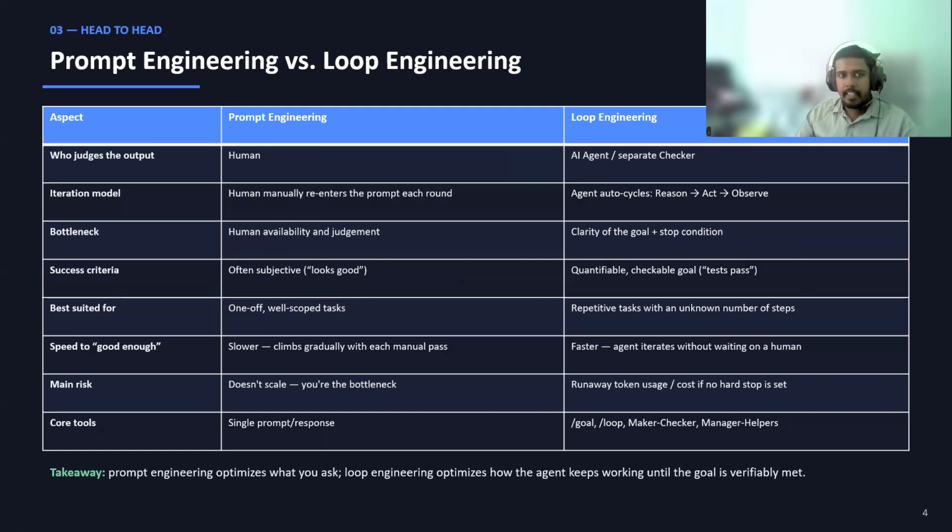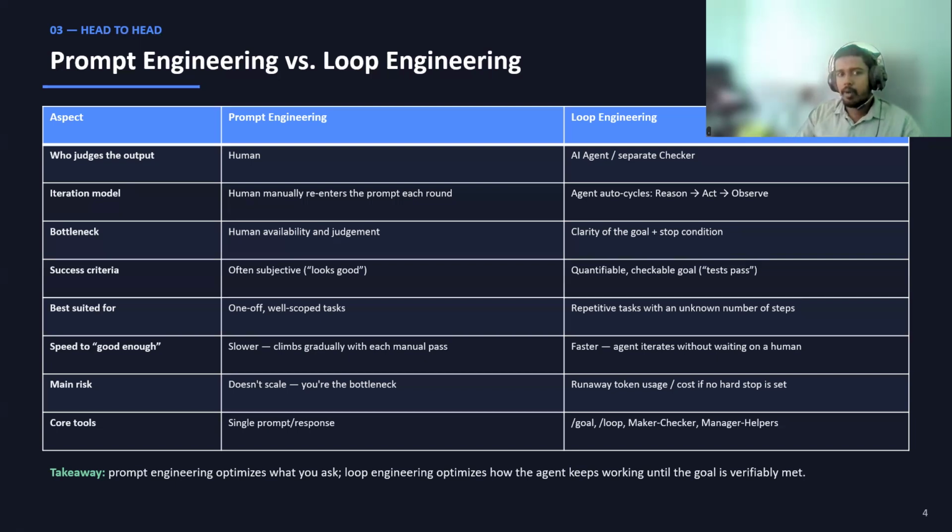To understand loop engineering, we have to compare it with prompt engineering, which is more familiar to us. In prompt engineering, we humans are the ones who judge the output of the LLM. But in loop engineering, the AI agent makes the judgment, and it can be the same AI agent that communicates with the LLM, or it can be a separate check.